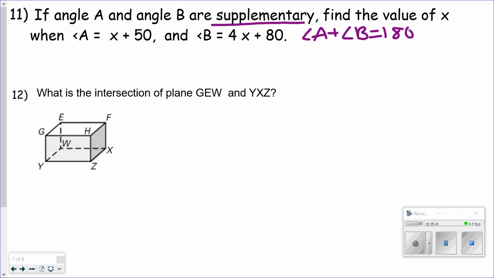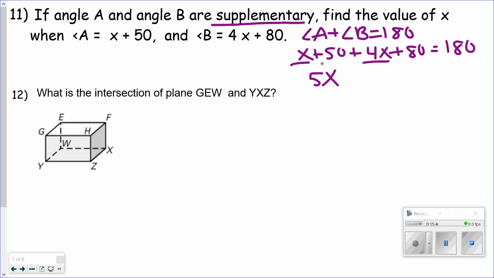All right, well, A, what's that really equal to? It's really equal to x plus 50. What is angle B really equal to? 4x plus 80. We know that's equal to 180 degrees. That's all the geometry that you've learned. Everything else is algebra. So x plus 4x is 5x.